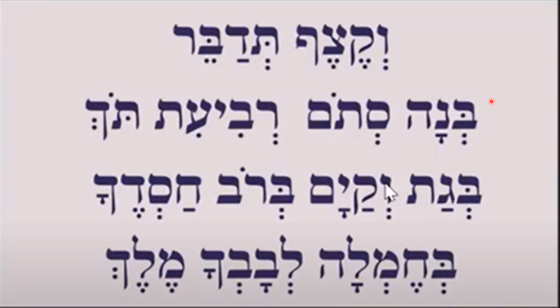Do some more practicing. Go ahead and read the words here, and then we'll come back and read them together. Go ahead and stop the video. Okay, let's go ahead and read across.